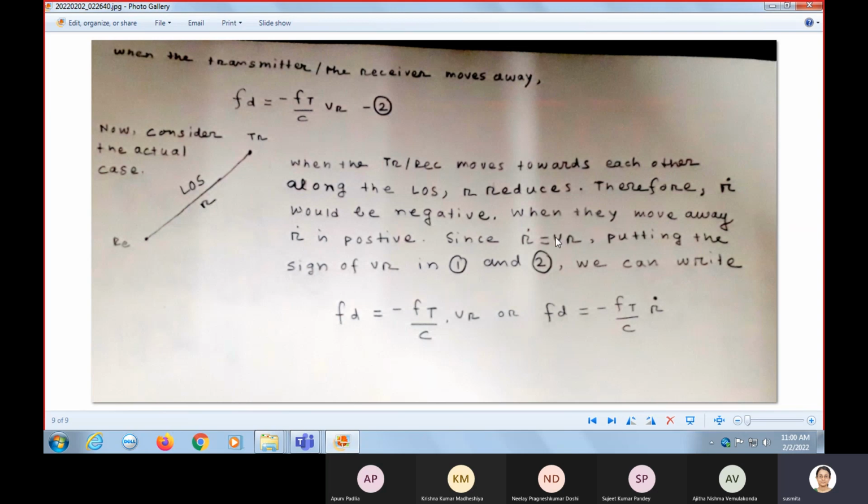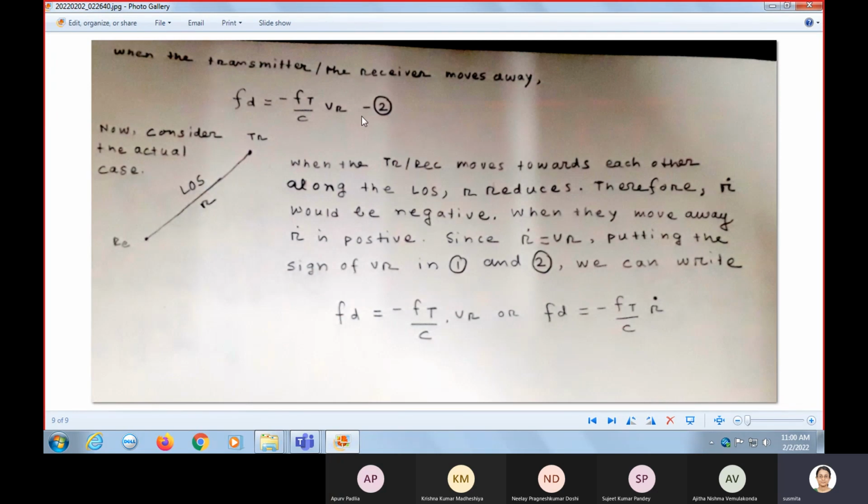So if we incorporate the sign of VR in 1 and 2, in this case it is an approaching transmitter or receiver, which means VR is negative. In this case, VR is positive.